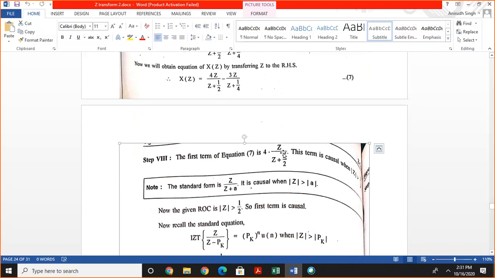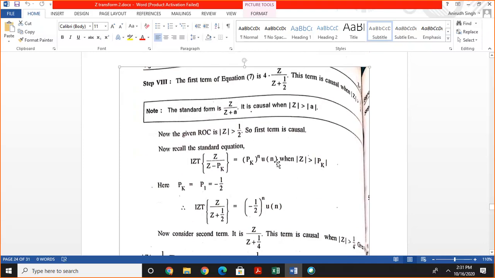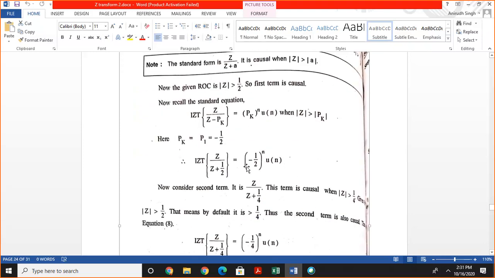X of z is given by this, and then we use the standard formulas. We know that z by z plus a, this is for causal system, and ROC is, in this case, absolute value of z is greater than absolute value of a.